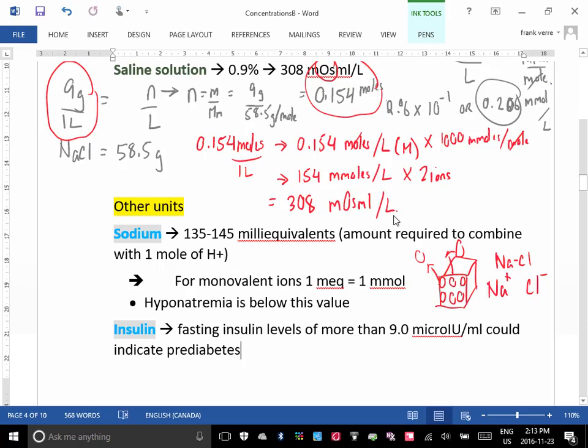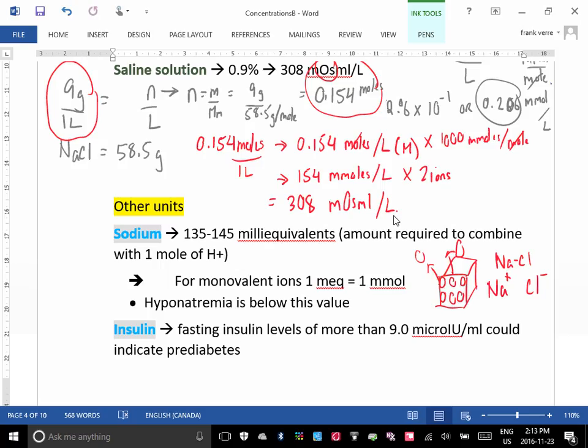In other words, no. Remember the definition of a mole is what? Number of particles. So if I have 1 mole of sodium chloride, and that splits into 2 ions, then I have 2 moles of the ions.